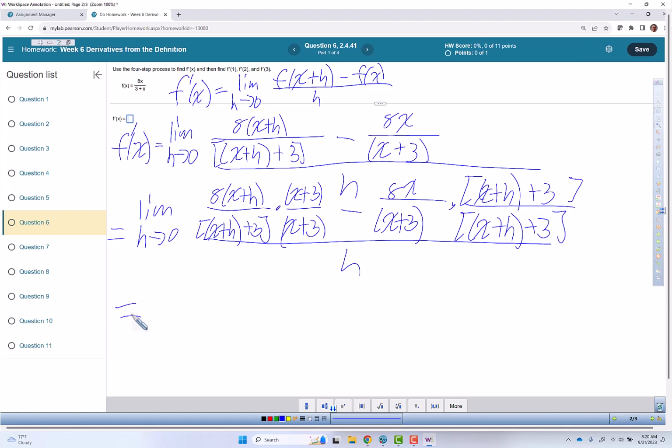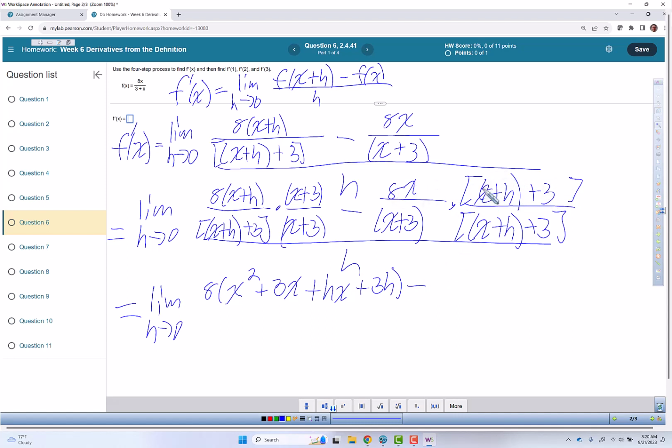So now I can go through and start distributing. So the limit as h approaches 0, and I'm going to distribute out these two binomials. x times x is x squared. x times 3 is 3x. h times x is hx, and h times 3 is 3h. And then over here, we can really just forget about these parentheses.